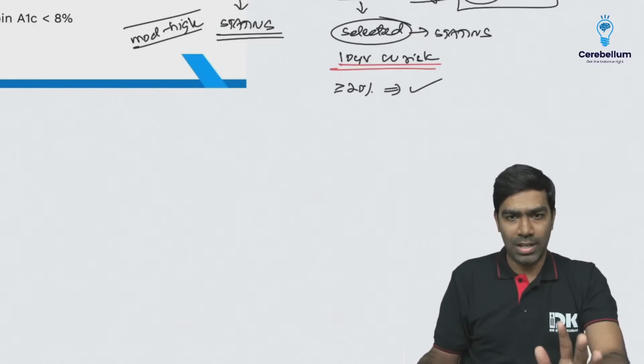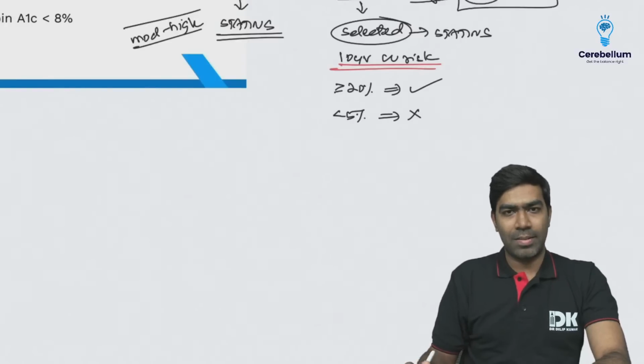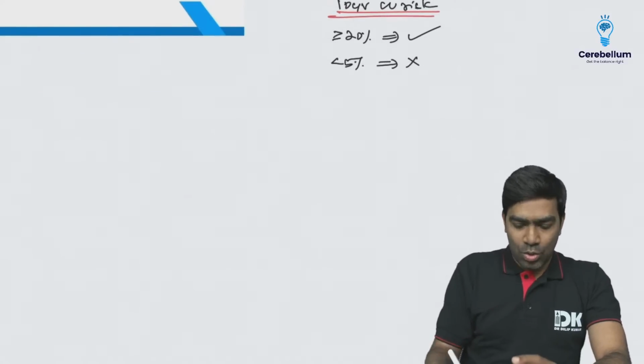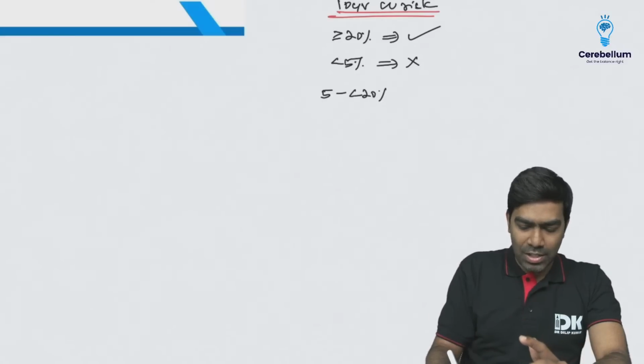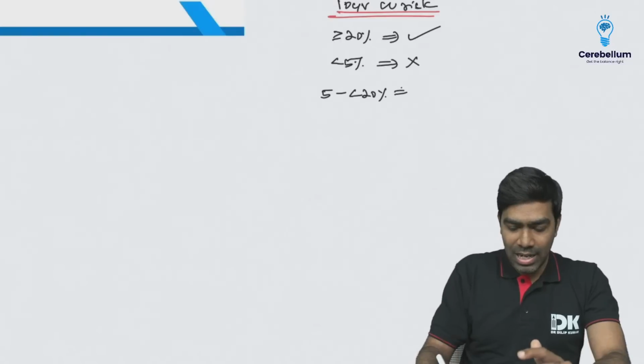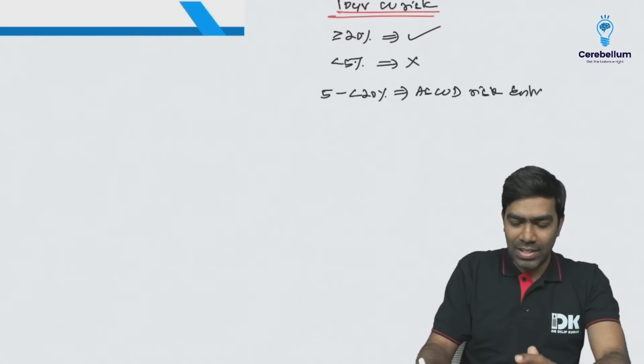There's no doubt about that. If it is less than 5%, you need not use statins. Okay, if the risk is somewhere around 5 to less than 20%, that is 5 to 19.9%, then you can consider using statins if the patient is having ASCVD risk enhancers.